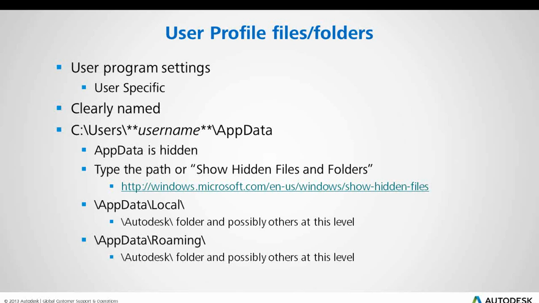So do a scan through the folders directly under Local and directly under Roaming for any that are related to the software that you're trying to uninstall, and delete any of those also. And again, it'll usually be pretty clear from the name what software it's working on. Like for AutoCAD, it'll be called AutoCAD 2015 if that's what you're trying to uninstall.